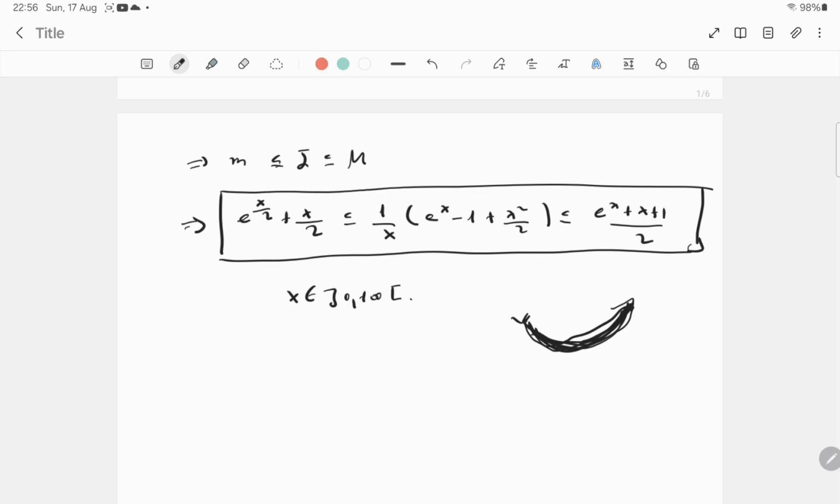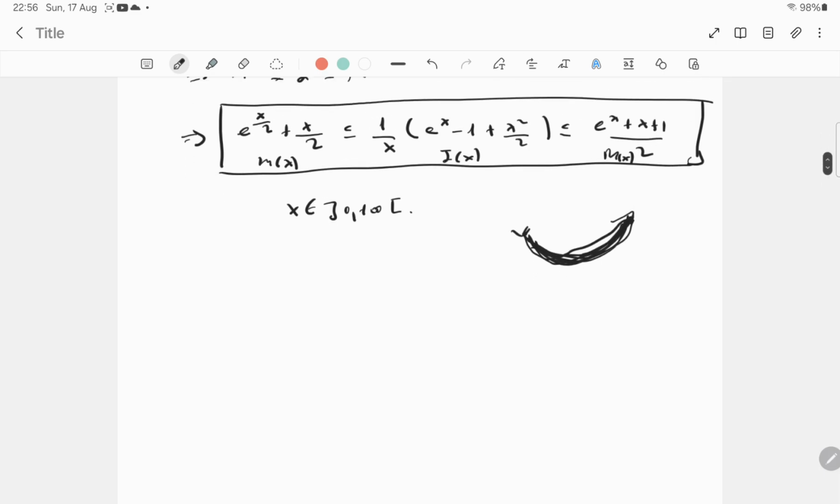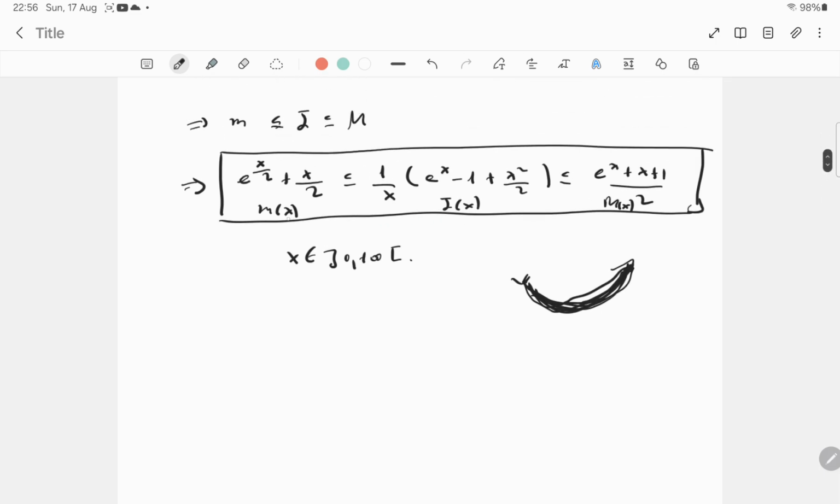If you plot the graph of the inequality, so if you plot this function m(x), then you will see that this function I(x) is between m(x) and M(x).